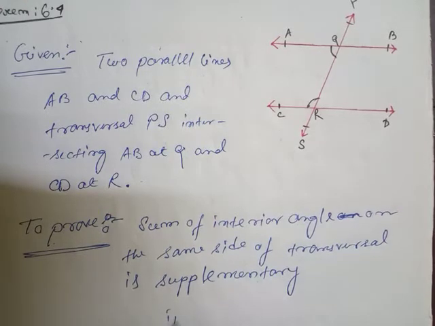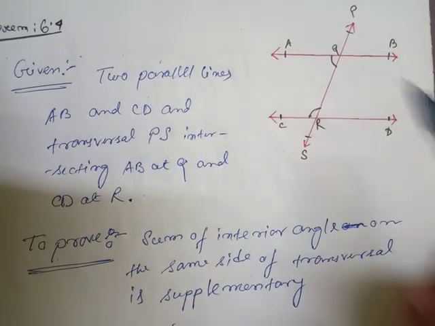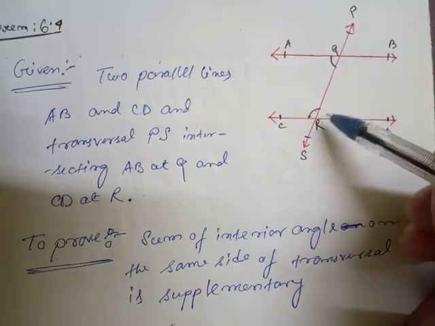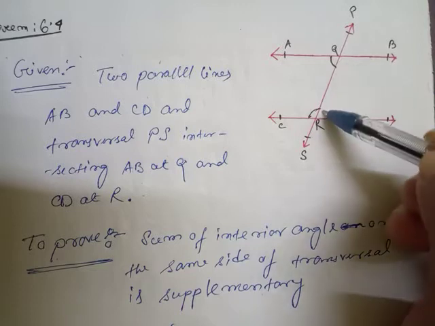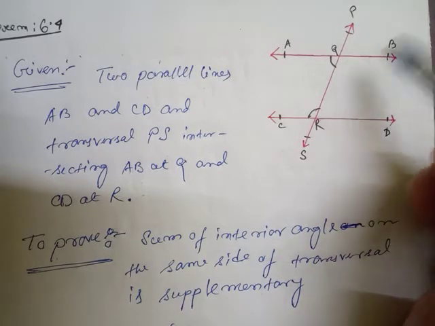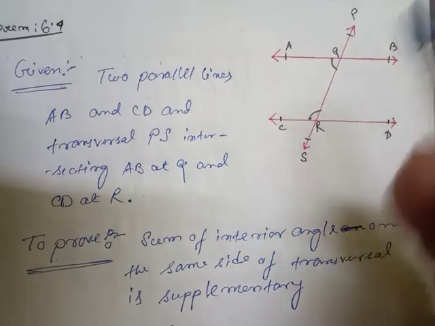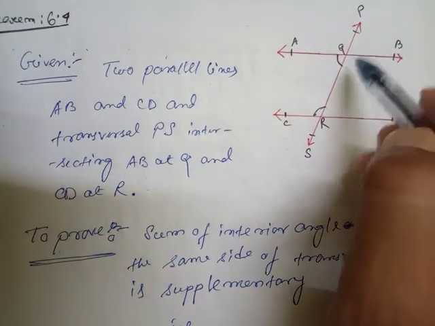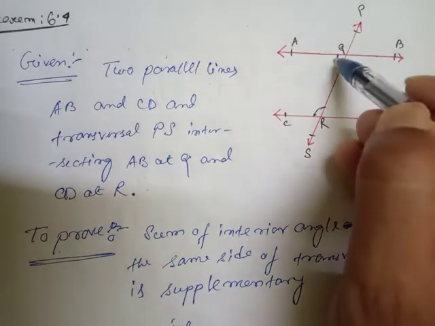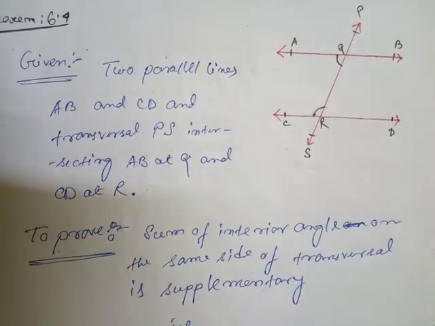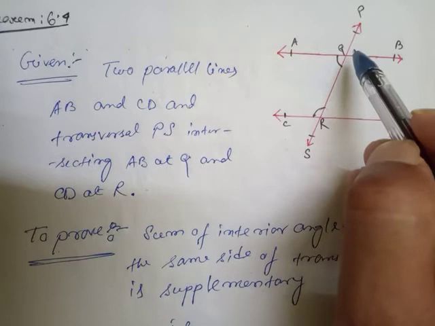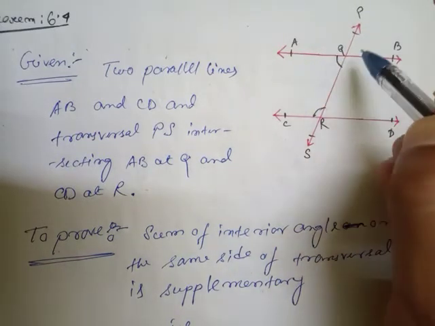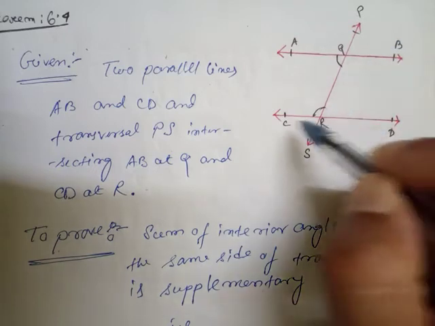That is, look here in the diagram, these two angles are on the same side of the transversal, and these two are also on the same side. So I am taking this part only. You can also prove it by using these two angles. Now these two angles mean angle AQR and angle CRQ.